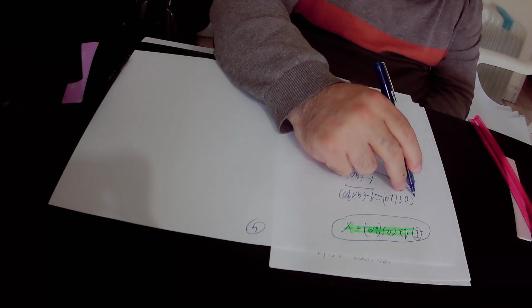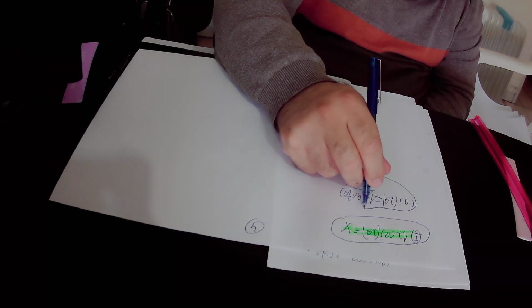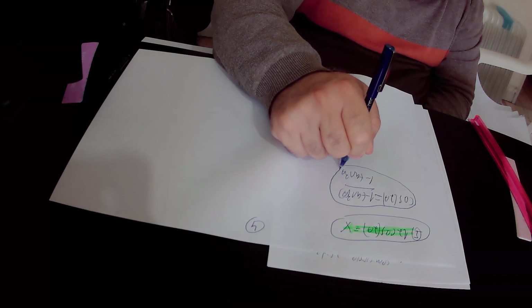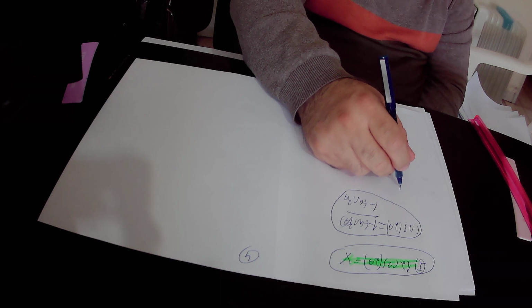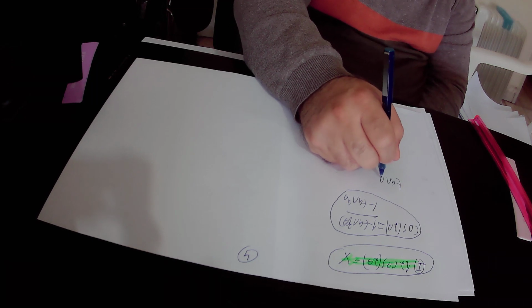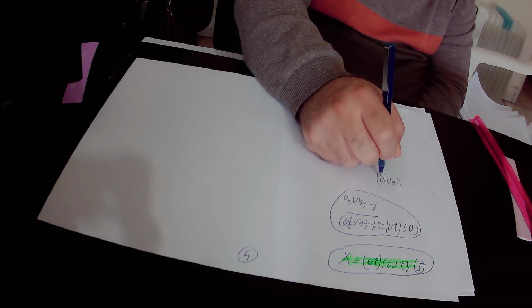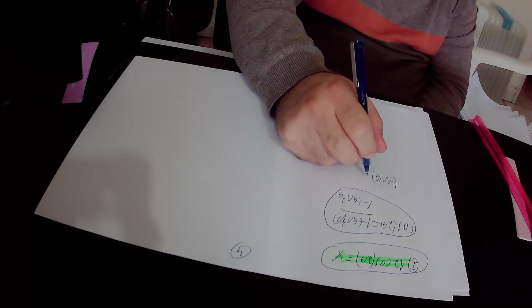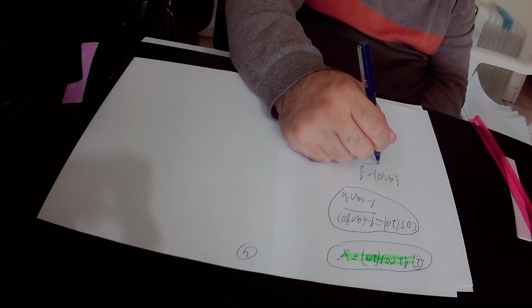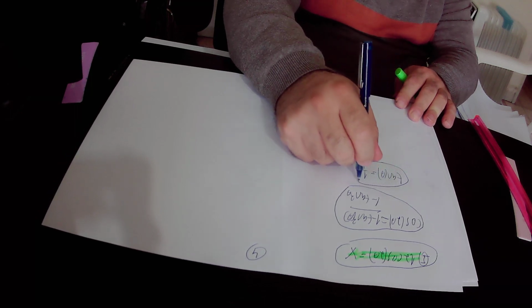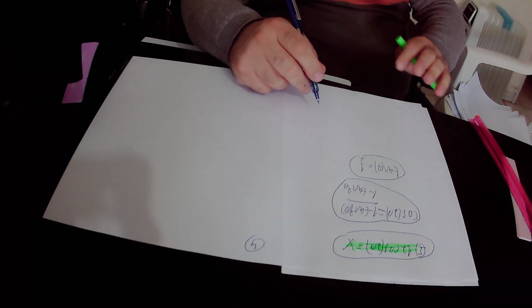Okay. And we already found out that tangent theta equals 1 half. So we can substitute tangent theta in this trigonometric identity by 1 half.